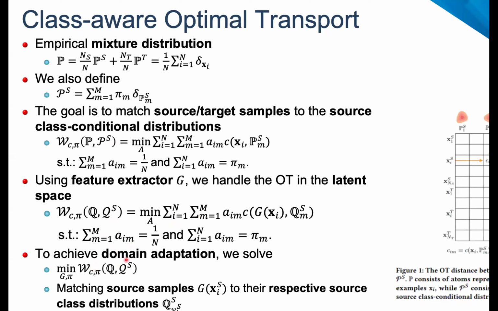Basically, we learn the feature extractor and the mixing proportion to minimize the Wasserstein distance between Q and Q_S. By doing this, we want to match the source samples to their corresponding source class distribution. In the meanwhile, we want to align target samples with the appropriate source class distribution, hence promoting structural adaptation.